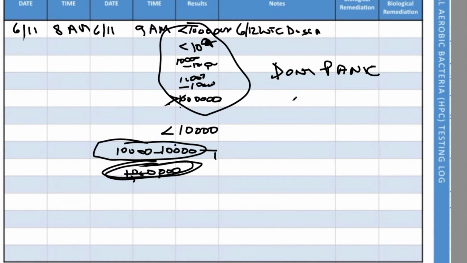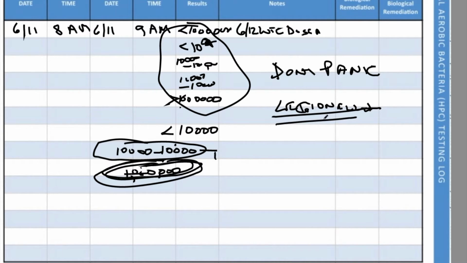There's no strong evidence that a high bacteria level necessarily means a high Legionella level. The Legionella test is a specific bacteria, right, that may or may not be part of this, right? And in many cases, you can have a high bacteria count and not have any Legionella present, or not have high levels of Legionella present, right? So don't let this scare you.